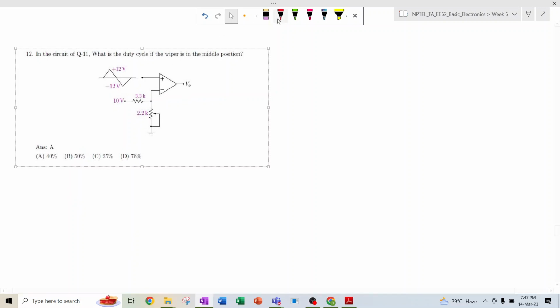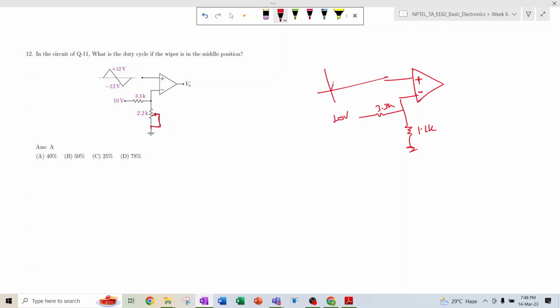It is a potentiometer, so if it is in the middle position, the equivalent circuit diagram will be 1.1 K, because after 1.1 K it is connected to the ground, so 1.1 K will appear over here, and it is 3.3 K, and it is 10 volt, and it is plus 12 volt, minus 12 volt.